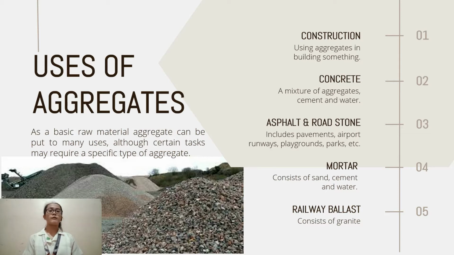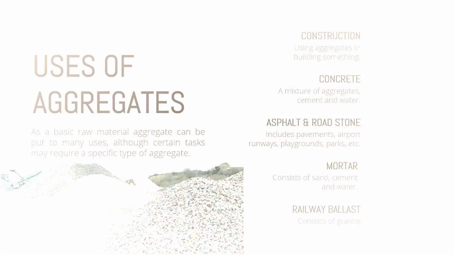So in this report, we will be focusing on the uses of aggregates, first in construction, or using aggregates in building something: in concrete, a mixture consisting of aggregates, cement, and water; in construction of asphalt and road stones, which includes pavements, airports, runways, parks, playgrounds, and other similar structures; in mortar, a mixture consisting of sand, cement, and water; and lastly in railway ballasts, which consist of granites.